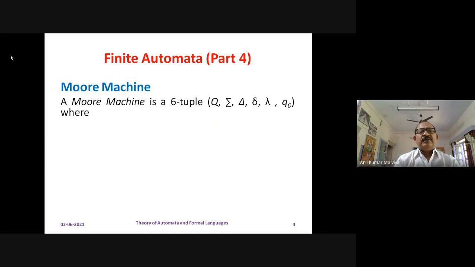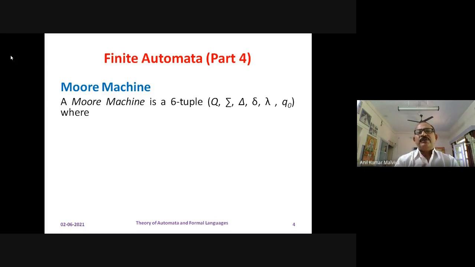Let us see how we define a Moore machine. We have already seen that in finite automata, we take 5 tuples to define a DFA, NFA, and NFA with epsilon transitions. Here, in the Moore machine and also in the Mealy machine, we take 6 tuples: Q, sigma, capital delta, small delta, lambda, and Q0.